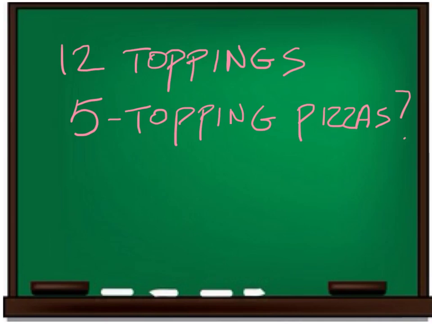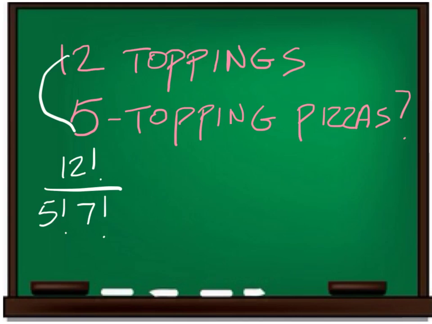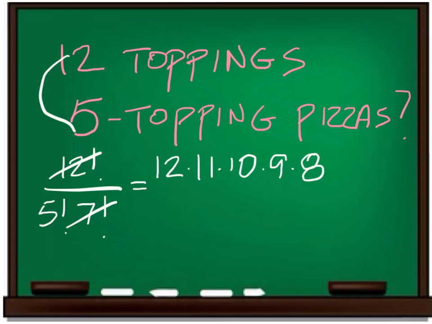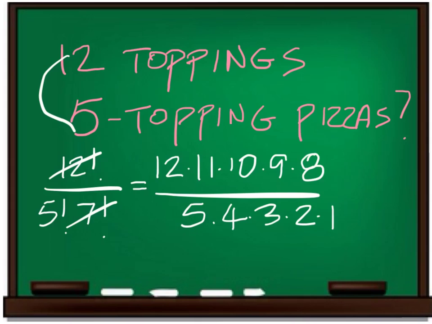For the practice problem, it should be 12 factorial over 5 factorial times 7 factorial. That's 12 minus 5 to get the 7. So we're going to break this up as 12, 11, 10, 9, and 8 on top because that cancels with the 7 factorial on the bottom. Left on the bottom is 5, 4, 3, 2, 1. The 1 makes no difference.